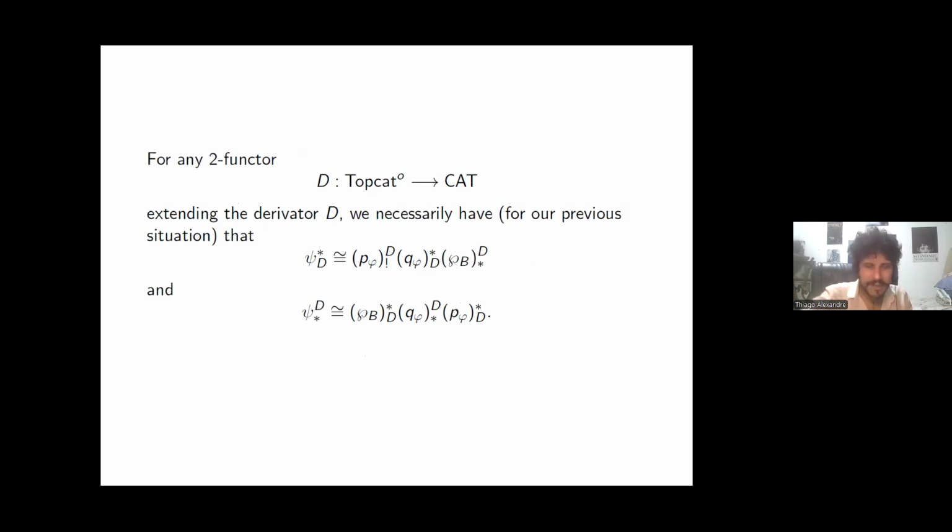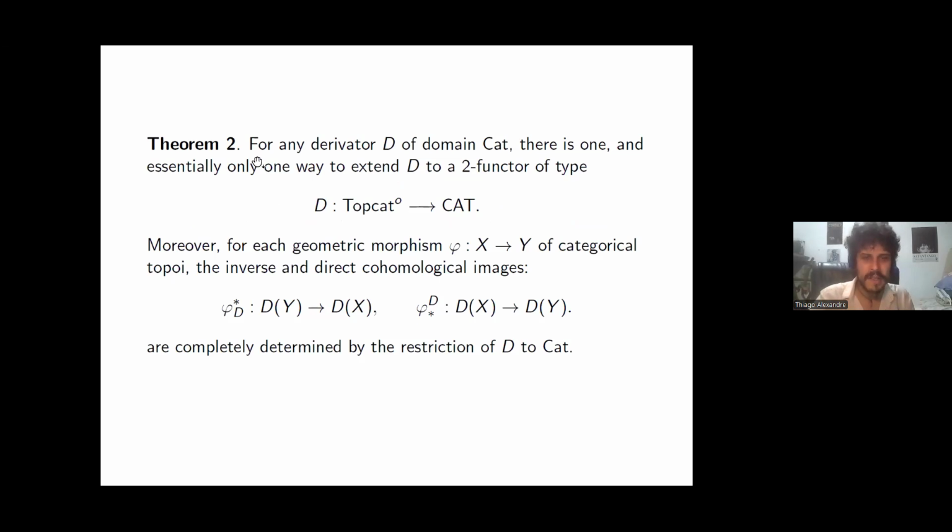So I'm sorry, I think it is not clear here, all these arguments, but what I'm trying to show at the end is this theorem here, that for any derivator D of the main cat there is one and essentially only one way to extend D to a two-functor of this type here from topcat to cat.